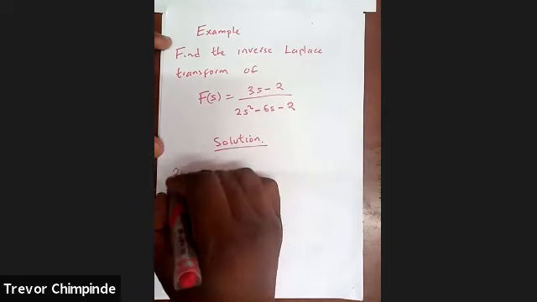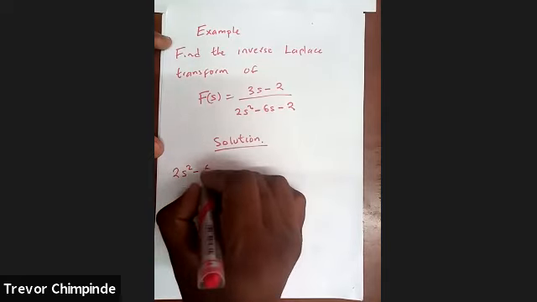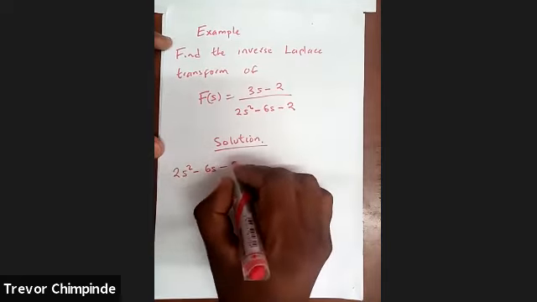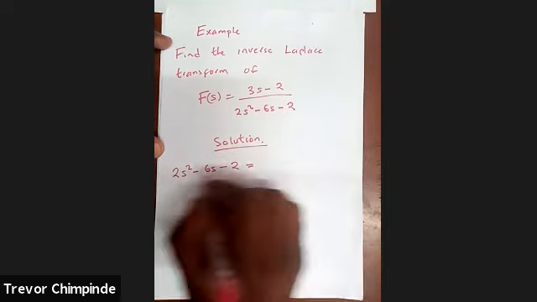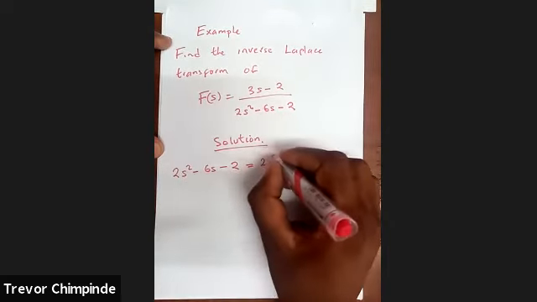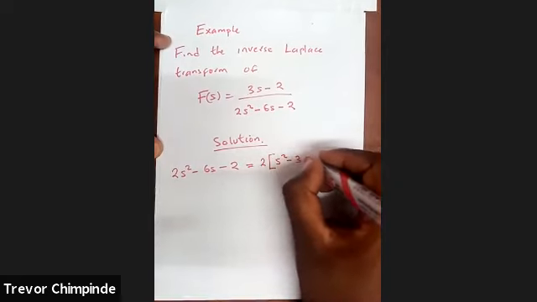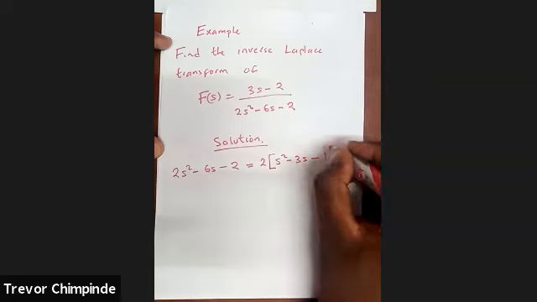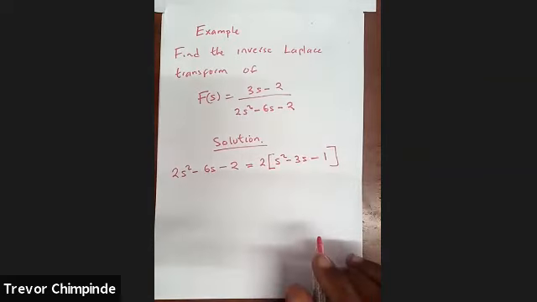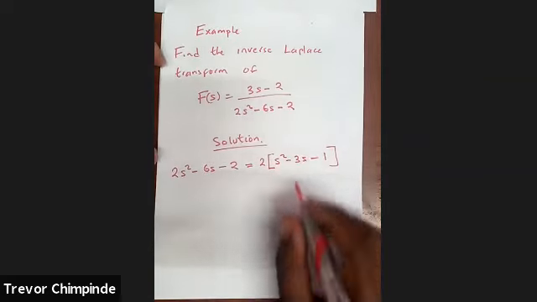So if I just take the denominator, which is 2s² minus 6s minus 2, 2 is common in all these terms, so I can factorize my 2 so that I have s² minus 3s minus 1. And then I can complete the square.